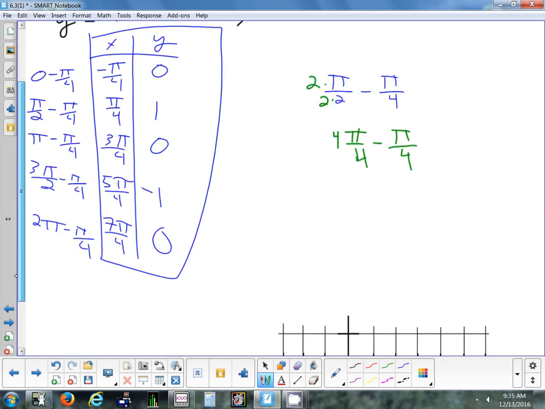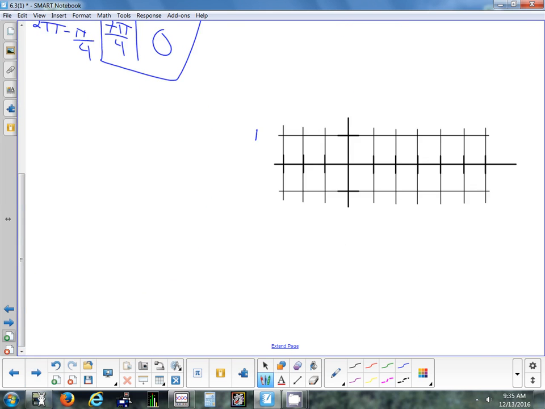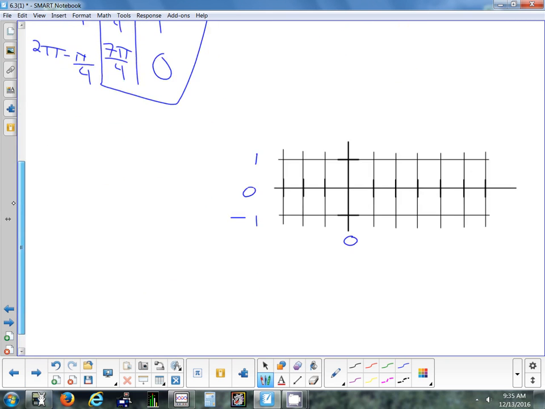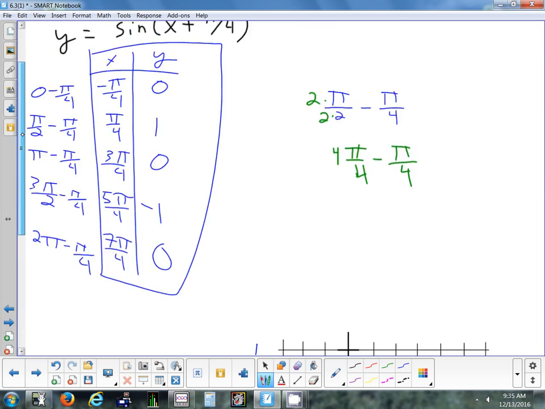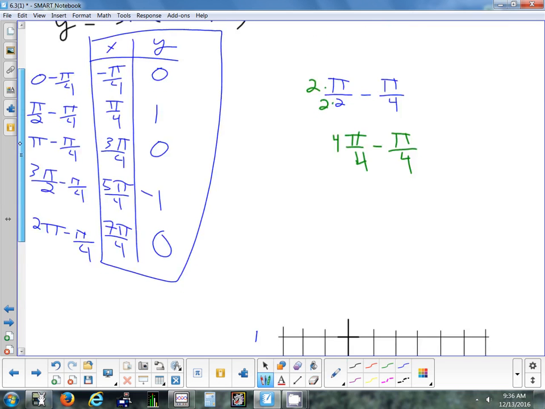All right, so now I want to set up the graph. Okay, I'm going from 1 to -1. I'm going to let this be 0. And let's put negative pi over 4 right there. Now, let's pretend we didn't have that labeled as 0. Let me show you what some people do.